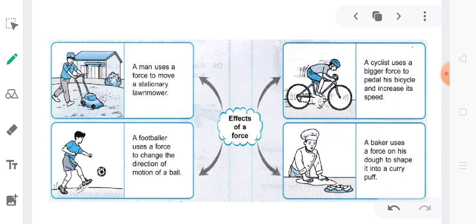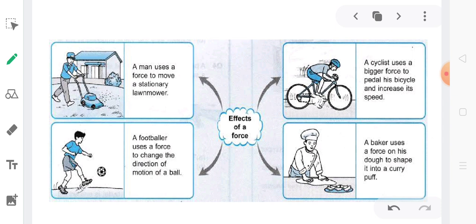This was one example given on the previous page also, where you found that with the help of your hands you were changing the shape of the dough while making roti, chapati. A similar example is given where a baker is using a force on his dough to shape it into a curry puff. So these are some common day-to-day life examples to understand the effects of a force.